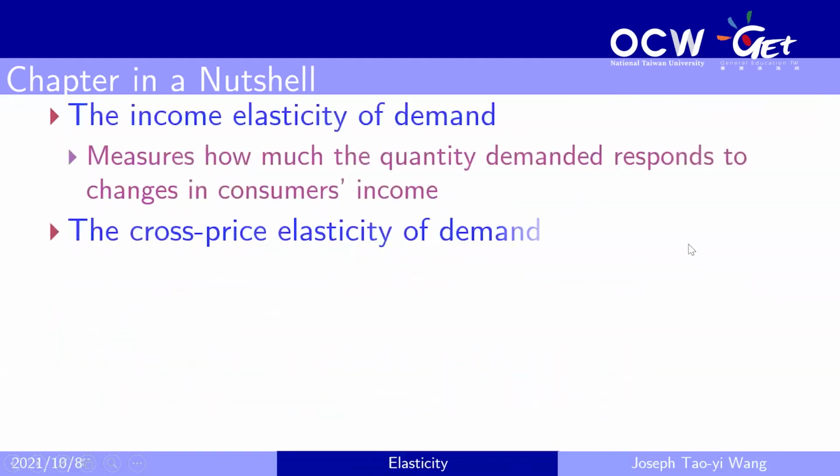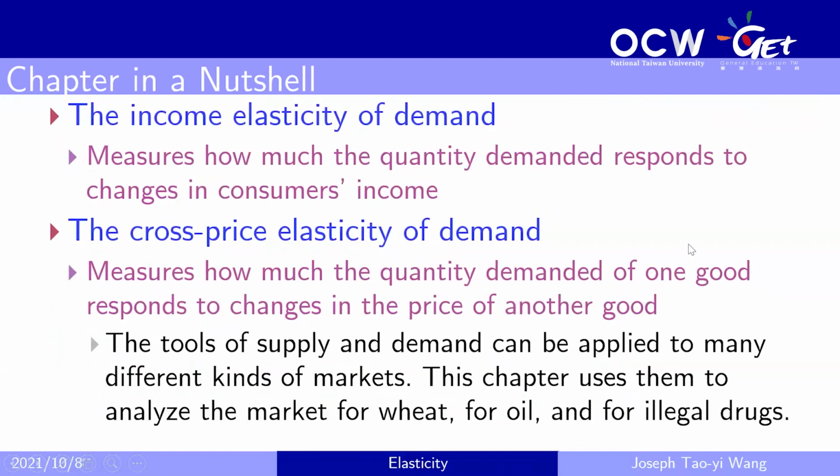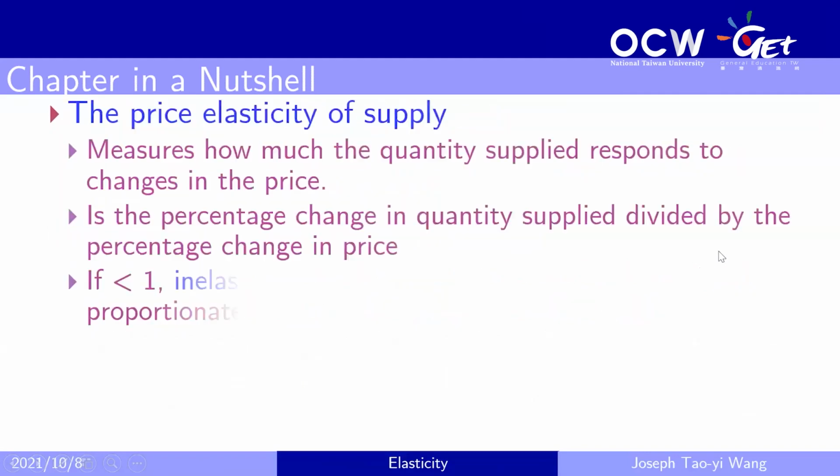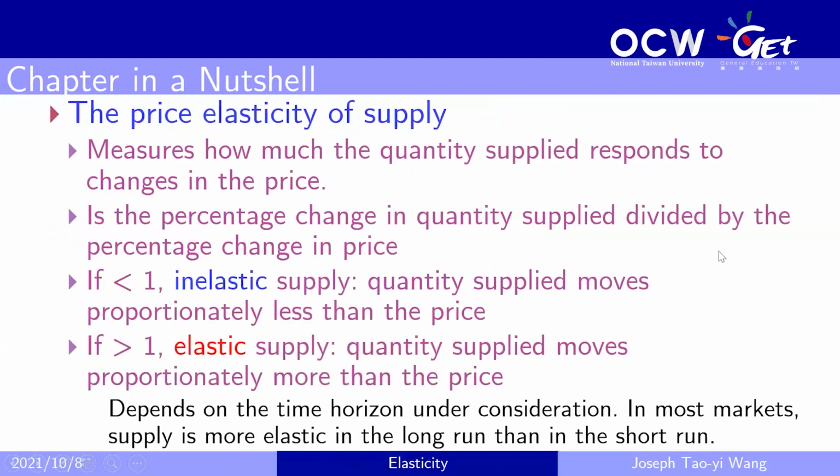And then we have income elasticity of demand and cross-price elasticity of demand to see how quantity demanded is affected by the change in consumer income and by the change in the price of another product. And we applied this to talk about the market of wheat, oil, and illegal drugs. And then we moved to the price elasticity of supply.